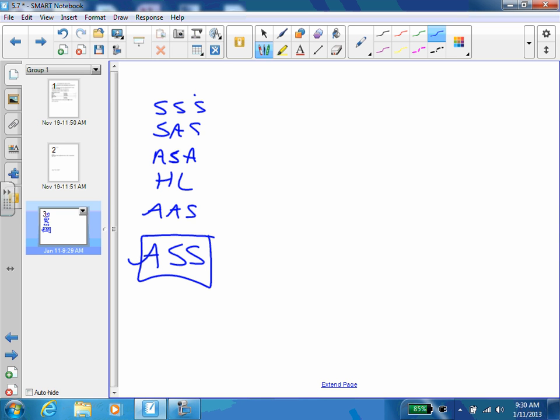We can create 1, 2, or none, depending on the angle that's given to you, that's not included in between the legs of the triangle. That's called the ambiguous case, so you need to check for that ambiguous case each time you use the law of sines.